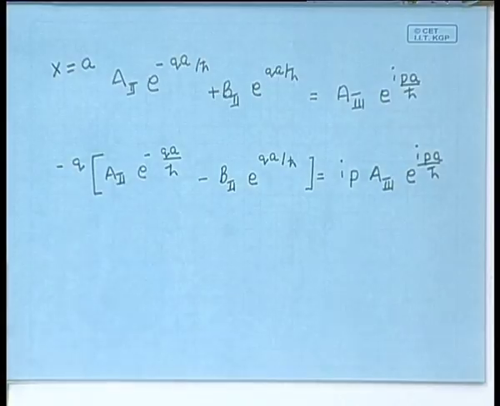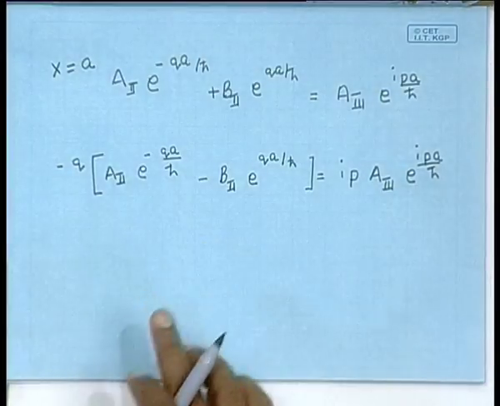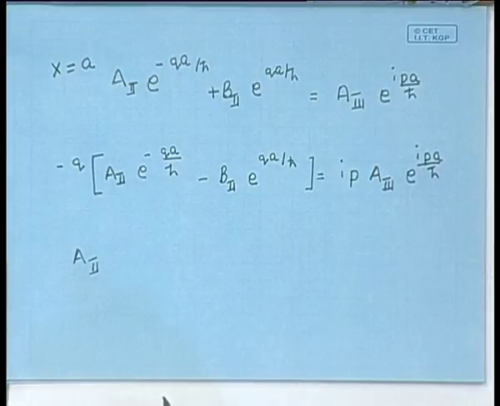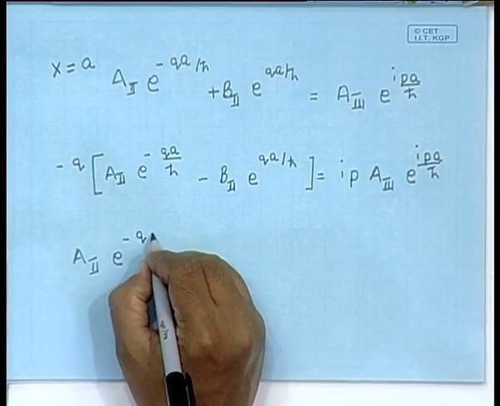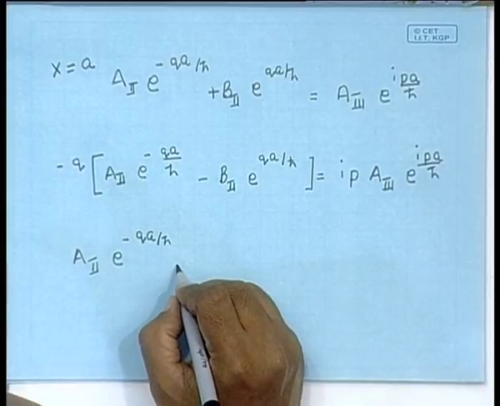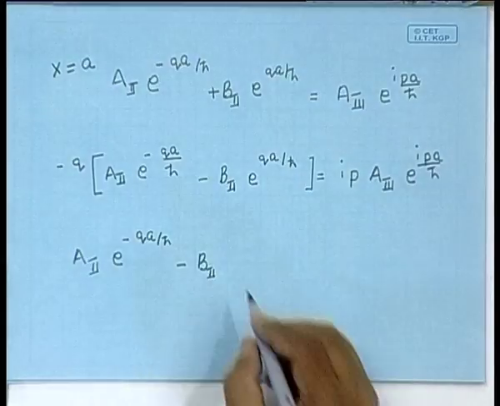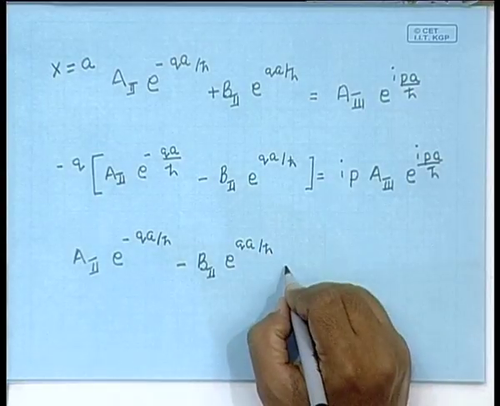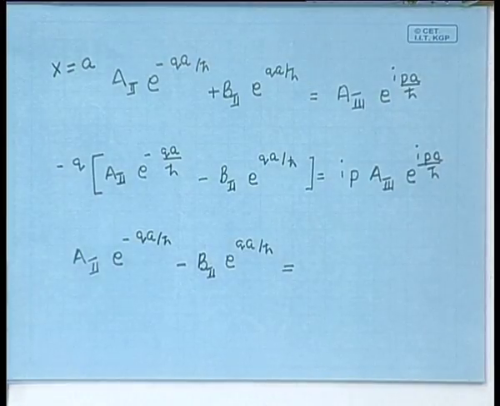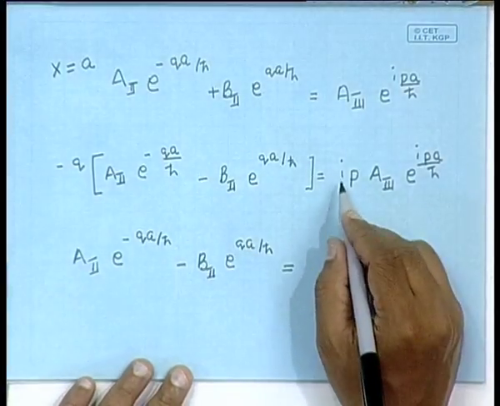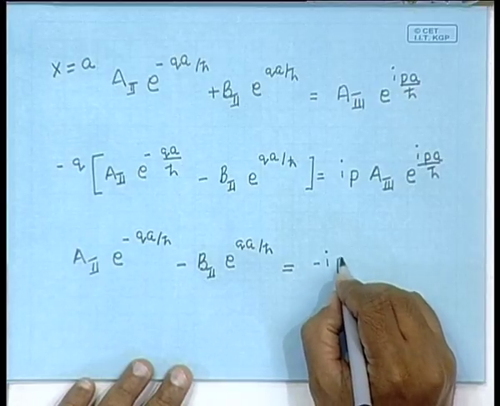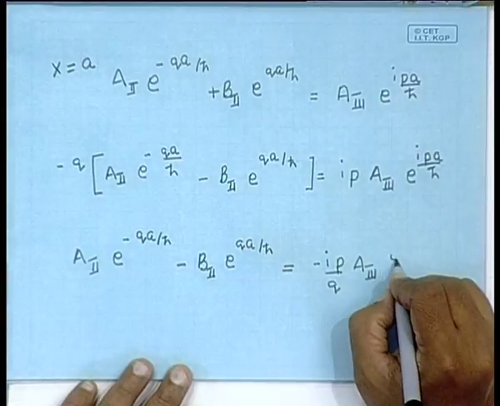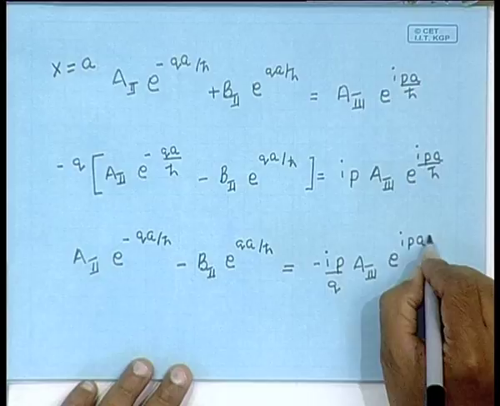and we can simplify this one step. If I simplify it, then what I get is A2 e to the power minus q a by h cross minus B2 e to the power q a by h cross should be equal to minus i p by q A3 e to the power i p a by h cross.